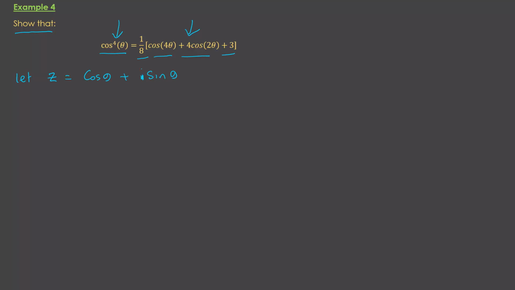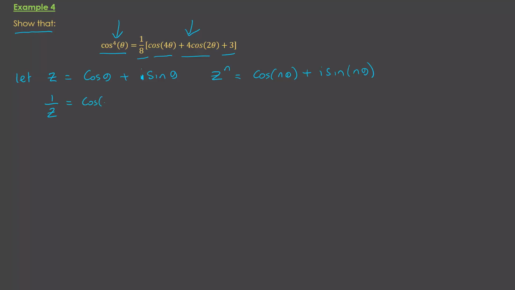By de Moivre's theorem, that means that z to the n is cos n theta plus i sine n theta. Now think about 1 over z, which is z to the negative 1.